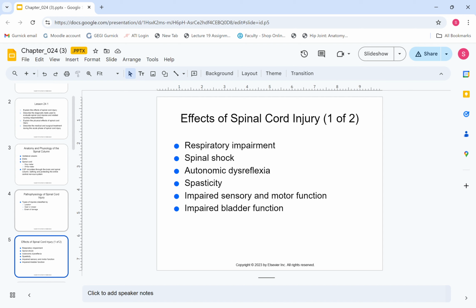Anything that's discomforting will also trigger autonomic dysreflexia. So we have to make sure they're not lying on a wrinkled sheet or lying on a Foley tube. If they don't have a Foley, we have to make sure they don't have a distended bladder, because they won't feel the discomfort of a distended bladder in their brain. But that signal from a distended bladder will still go to the spinal cord and cause autonomic dysreflexia.